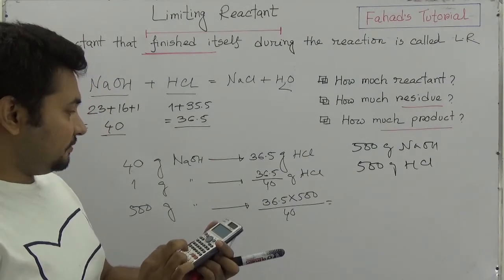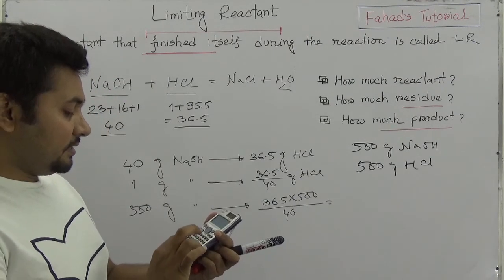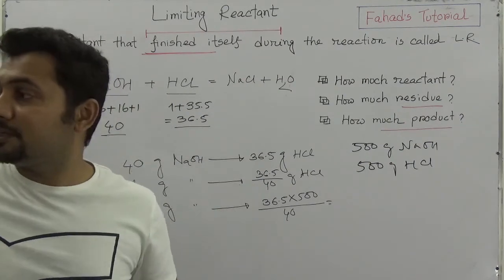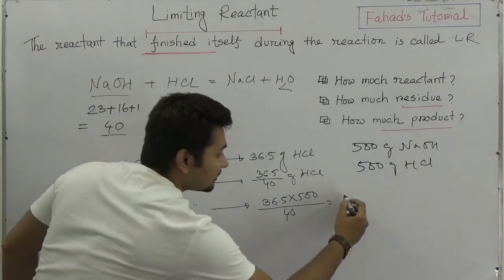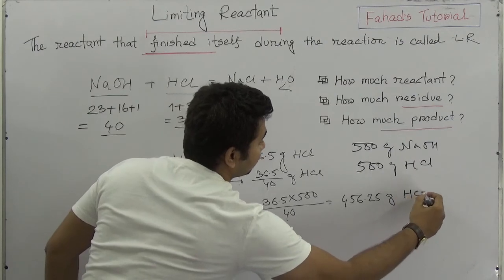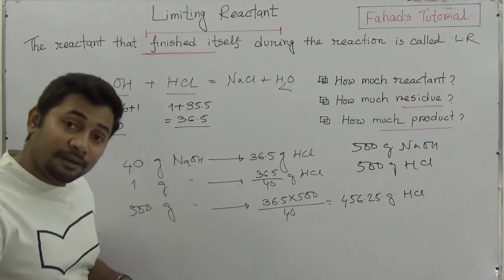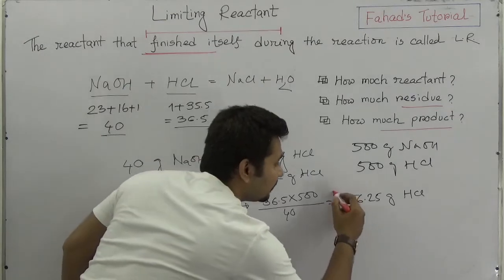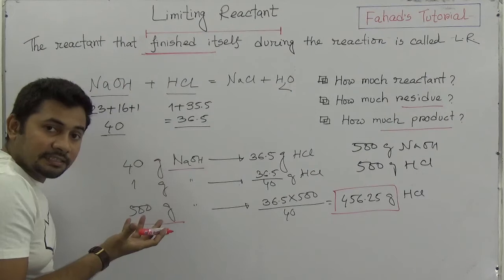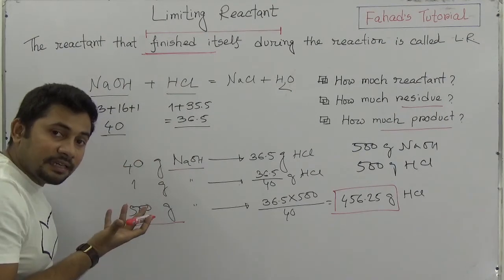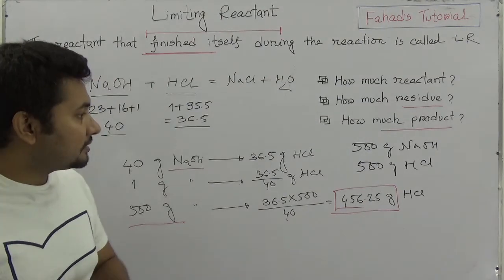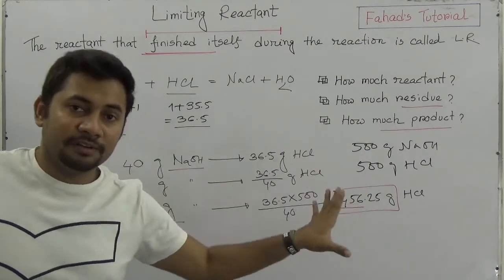So 36.5 times 500 divided by 40 is actually 456.25. So you think 456.25 gram HCl. Okay? So now this 500 gram sodium hydroxide will end after reacting with this amount of HCl. But 500 gram HCl is already there.